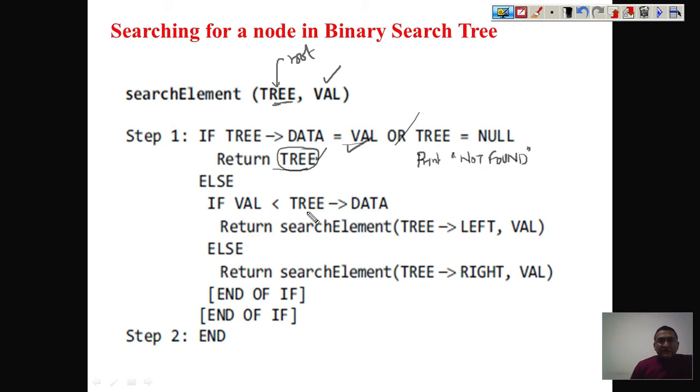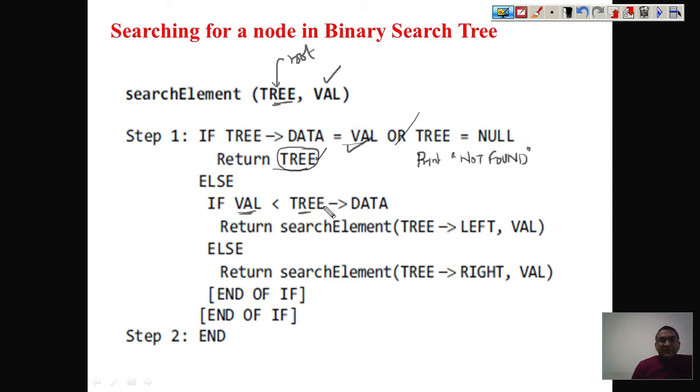If the value is less than the tree data, meaning the value which you are searching is less than the value stored at the node. When I say tree data, this is actually the address of the root node.